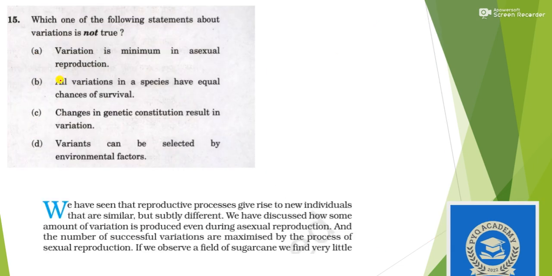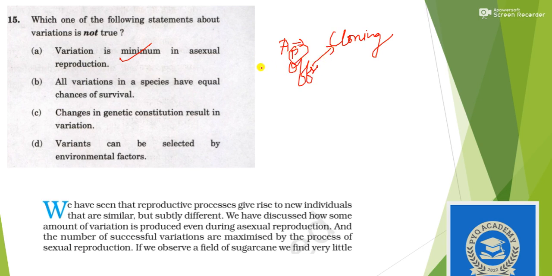Which one of the following statements about the variation is not true? Okay, so let's go through the statements. Variation is minimum in asexual reproduction. This is a true statement, because in many cases it has been seen that in asexual reproduction, cloning is done, means the offsprings are the clones of the parents.